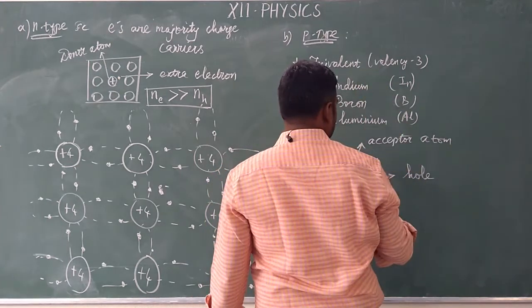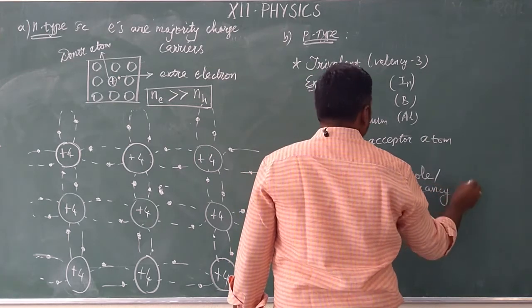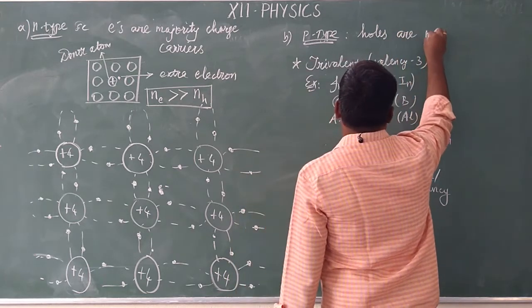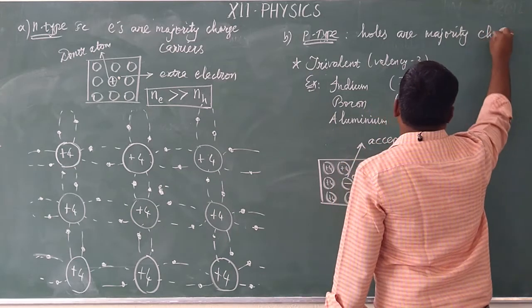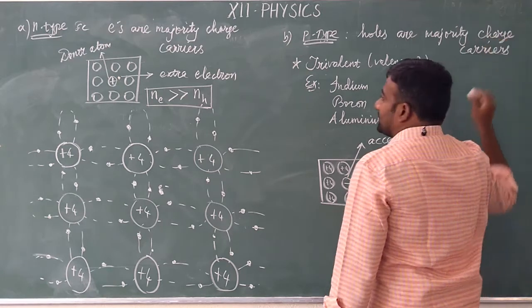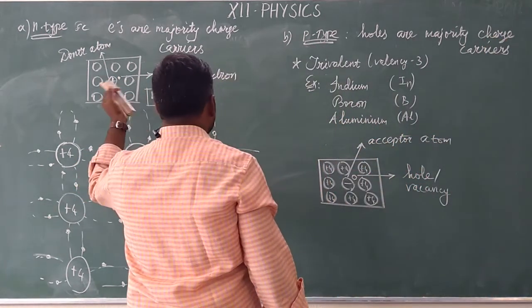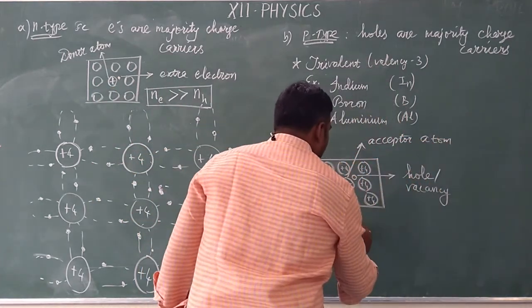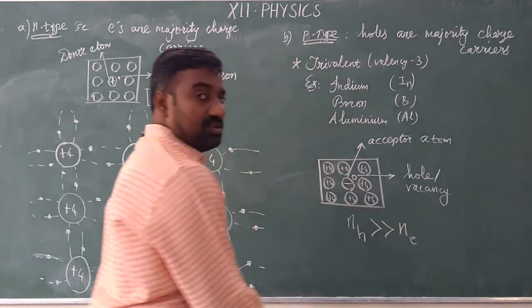So it has vacancies. Holes are also called vacancies. So holes are majority charge carriers. In an N-type semiconductor, the number of electrons is more than the holes, but in a P-type semiconductor, the number of holes is more than the number of electrons.